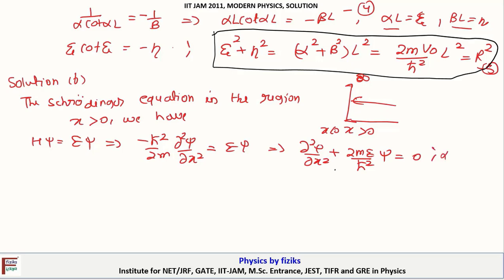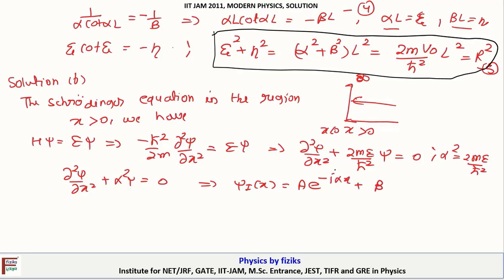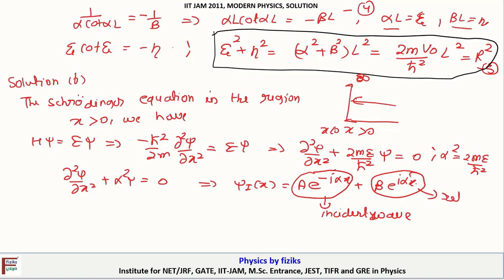So again we can take alpha square equals 2mE by h cross square. For scattering, the solution of del square psi by del x square plus alpha square psi equals 0 implies the solution of psi in the first region would be A e to the power minus i alpha x plus B e to the power i alpha x. Here this term represents the incident wave and this one represents the reflected wave.